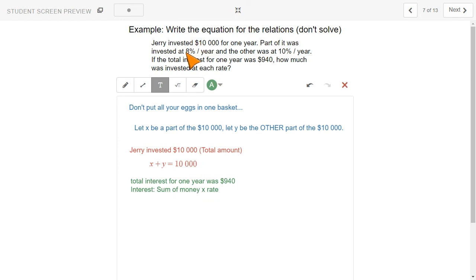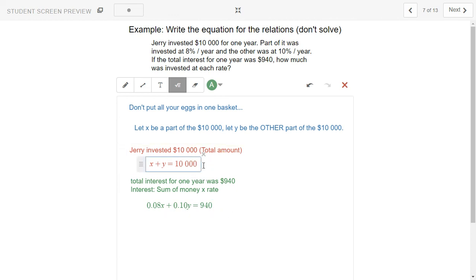So, our rate for the first amount is 8%. We have 0.08 times x, which is the first part. The second part of money was invested at 10%. So 0.10 times y, and that gave us a total interest of $940.